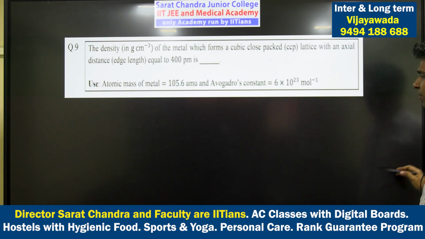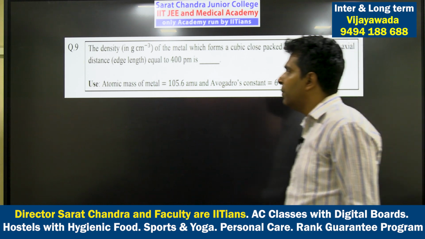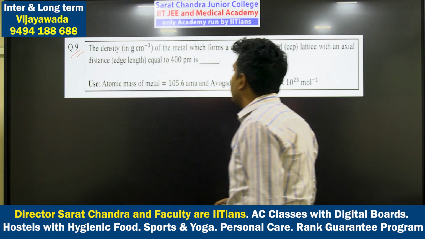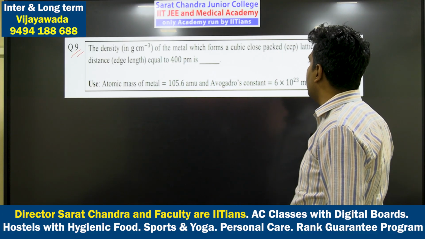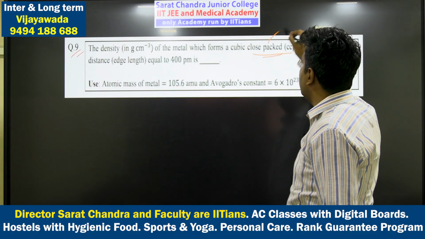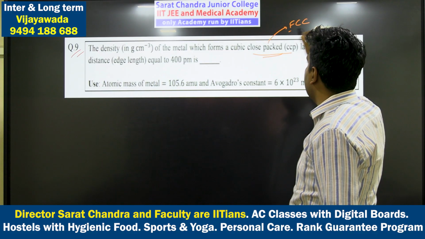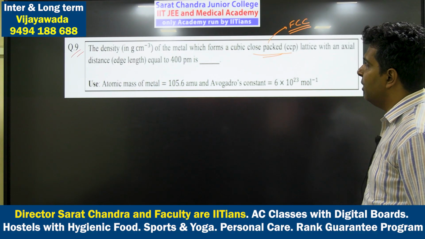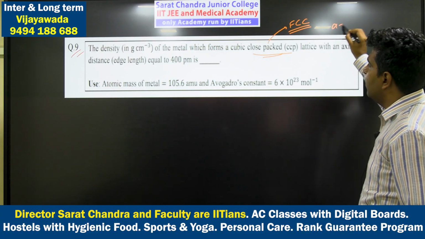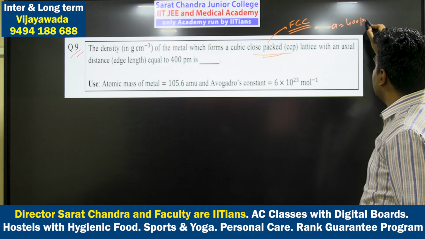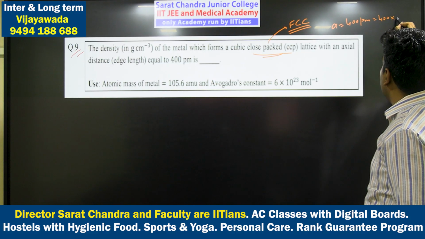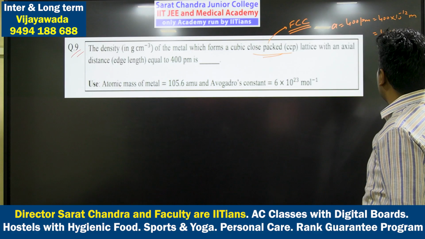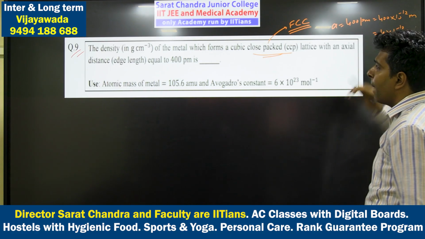The first question of section 3 is question number 9 of the paper. The density in grams per centimeter cube of the metal which forms a cubic closed packing. What is cubic closed packing? That is nothing but a face centered cubic packing lattice with an edge length given as 400 picometer. That is 400 into 10 to the power minus 12 meter, or 4 into 10 to the power minus 10 meters.